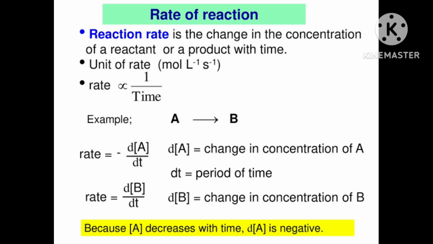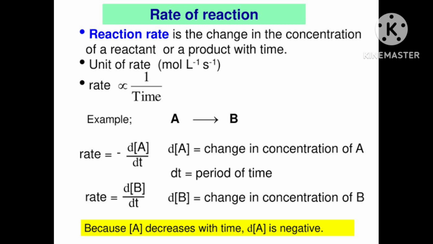The representation of rate of reaction in terms of concentration of the reactants is known as rate law. Again, listen: rate of reaction in terms of concentration of reactants is known as rate law.